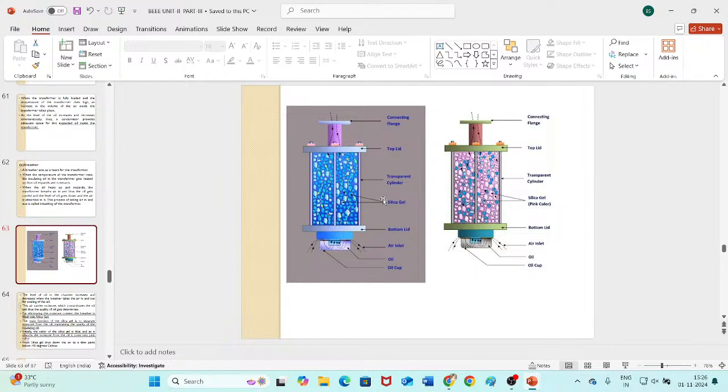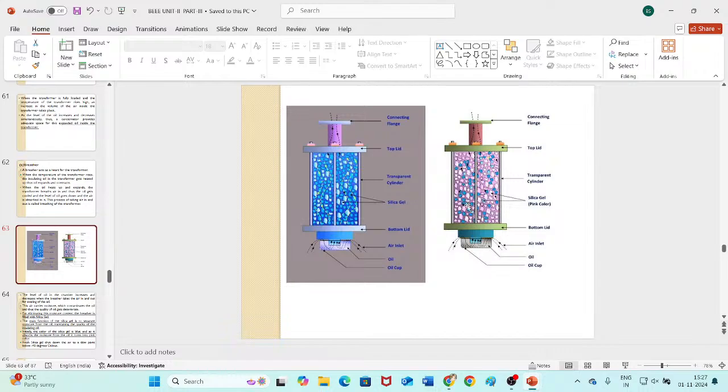Just now I told you it won't allow the moisture to enter; it allows only the air to enter the transformer. So to eliminate the moisture from the air, what is used is silica gel. Silica gel is nothing but some crystalline rocks, crystal rock like things. They will be blue in color.